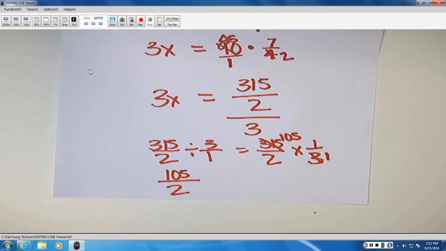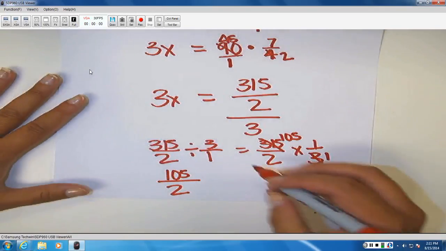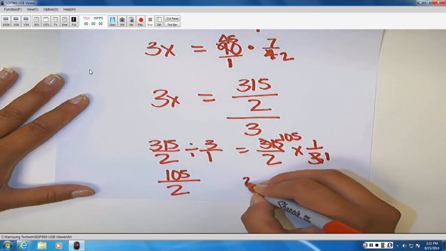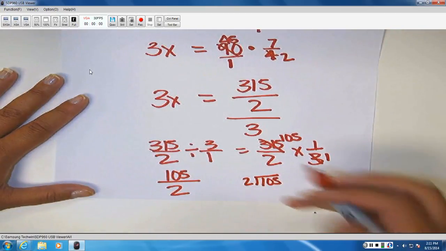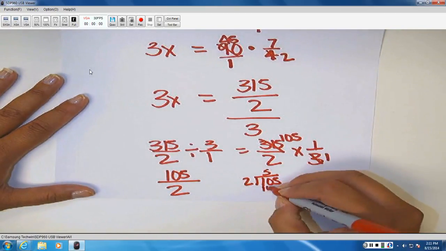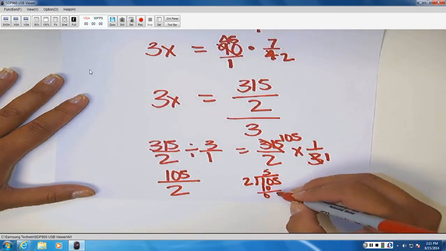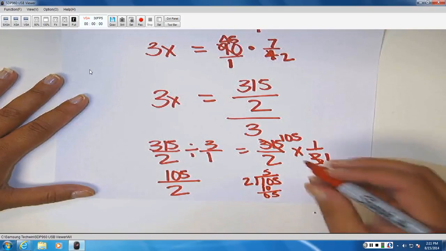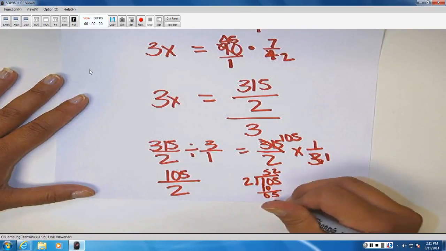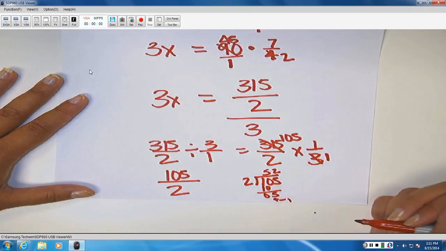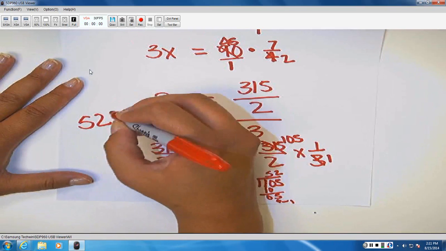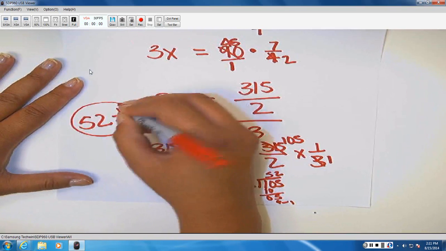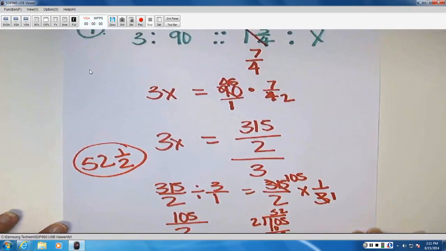I'm going to take that improper fraction and turn it into a mixed number. I'm going to do that by taking 2 and dividing it into 105. I know that 2 will go into 10 5 times. Bring down my 5. I know that 2 will go into 5 2 times. And ultimately, I am left with 52 1/2. Sorry, I wrote too big and I ran out of room.